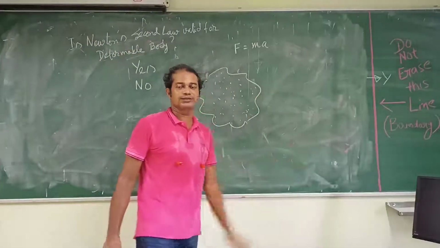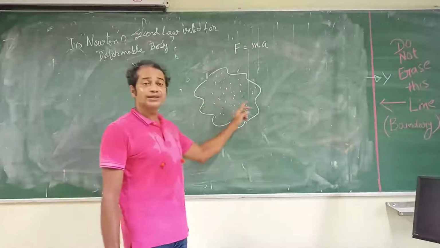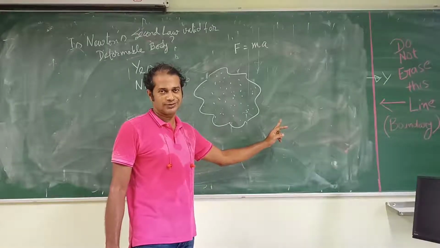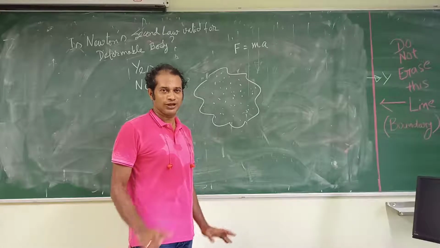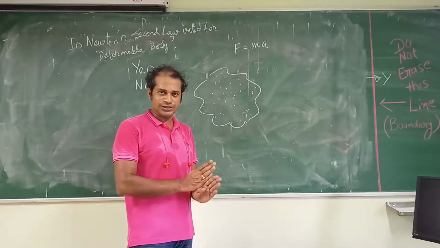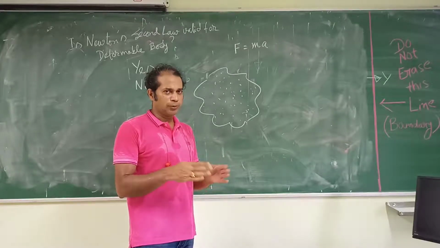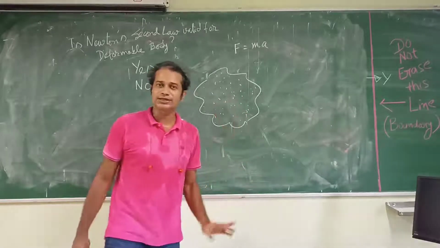Actually, try to understand that your dynamics is all about getting the position and velocity of any point within a body. So this is our objective: to get the position and velocity of any body, deformable or rigid, at any instant of time.